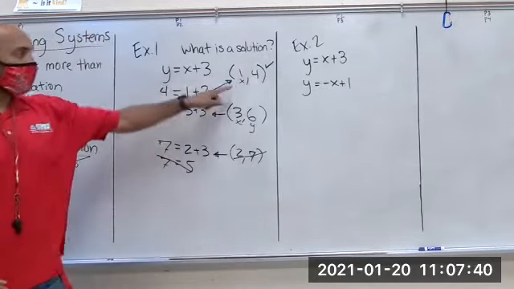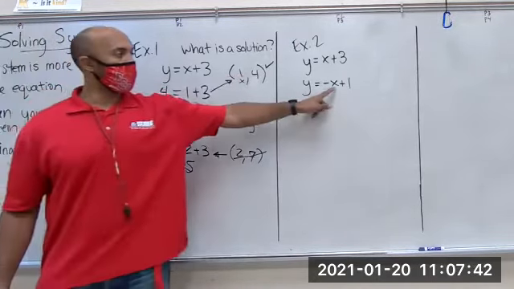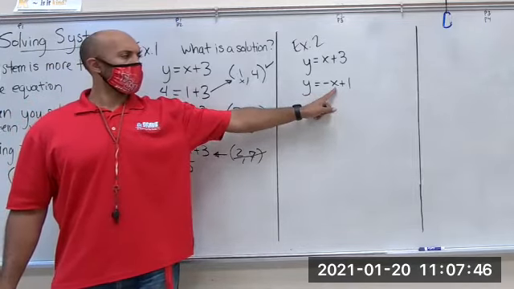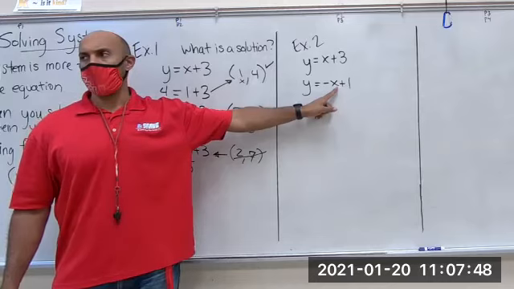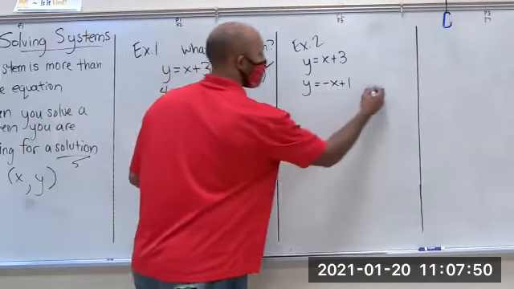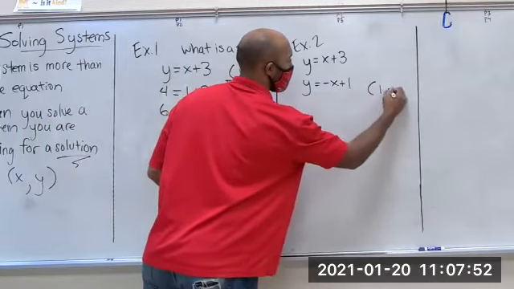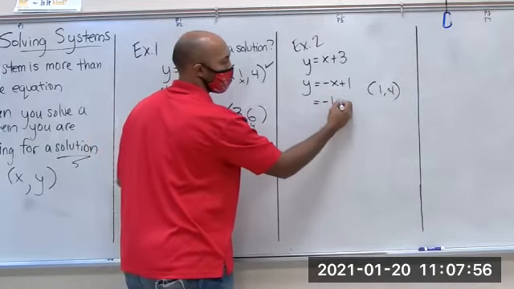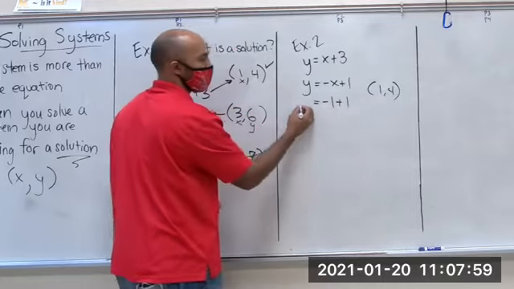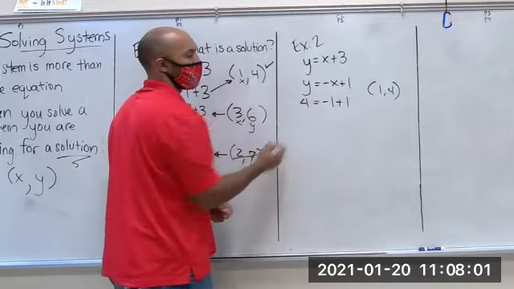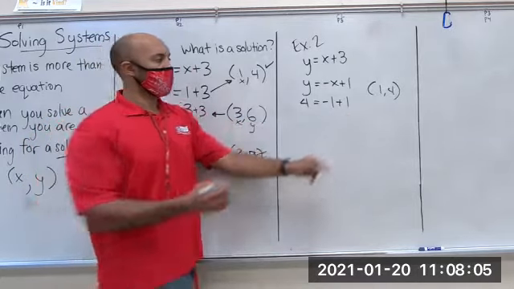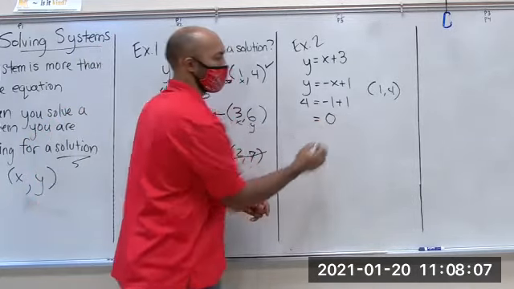So if I say 1 and 4, and I put a 1 there, what would I get? Let's say I tried 1 and 4. If I put 1 there, that's now minus 1. What's negative 1 plus 1? 0.